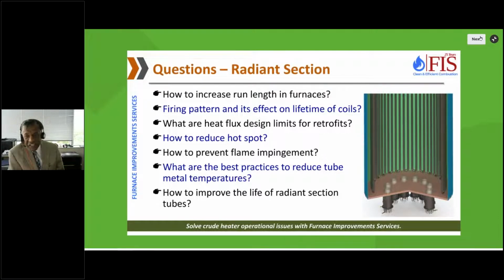So as I see, there are lots and lots of issues on radiant section operation or design, and it can make a big difference in having a successful heater or a problem heater.